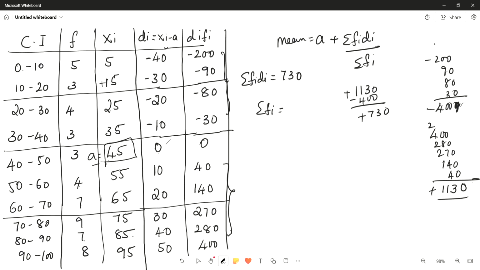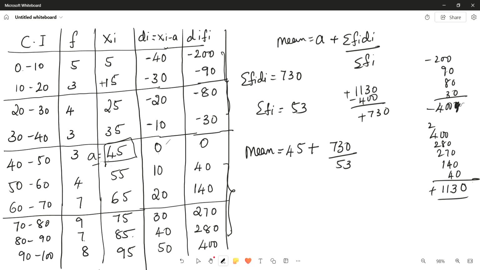What about sigma fi? 53, I think, no? Adding everything. Same question, right? Yeah. Adding all these frequencies, it is 53. Now mean will be equal to A, which is 45, plus sigma fi into di, 730, divided by 53.